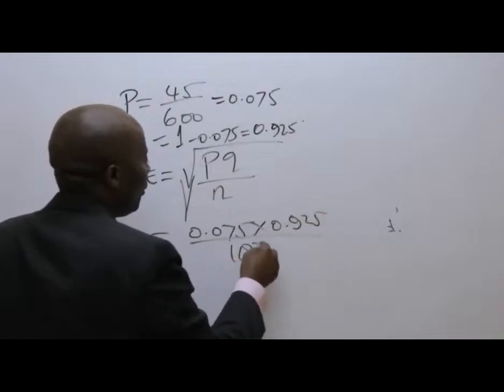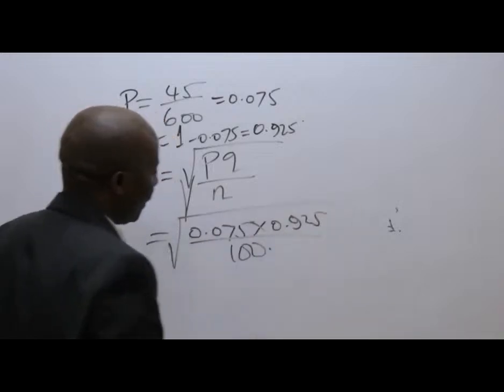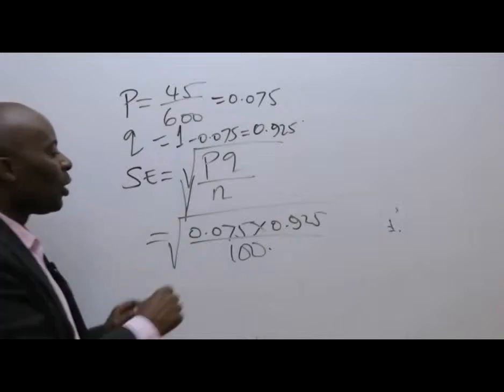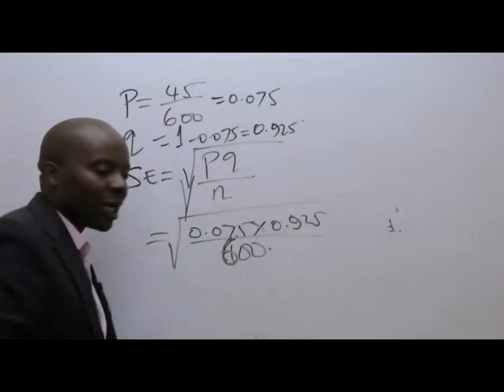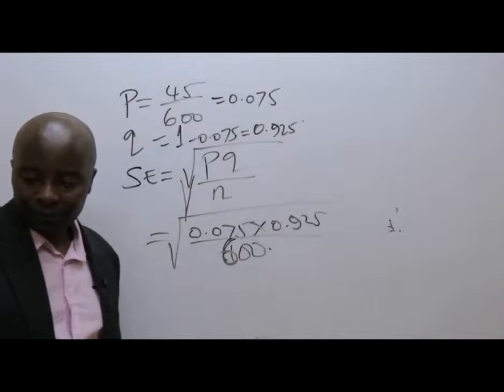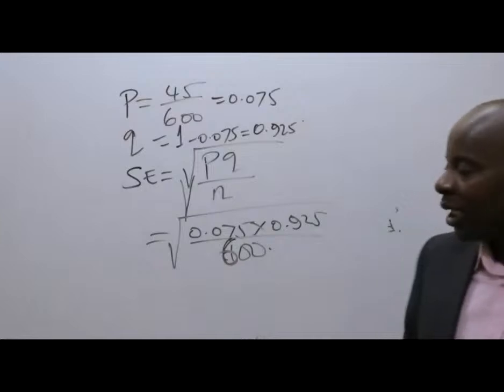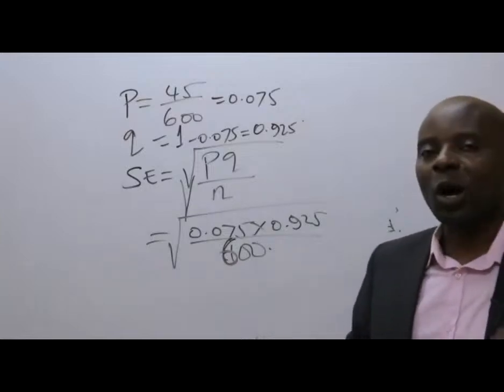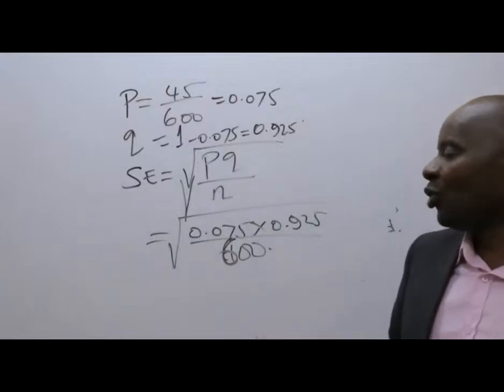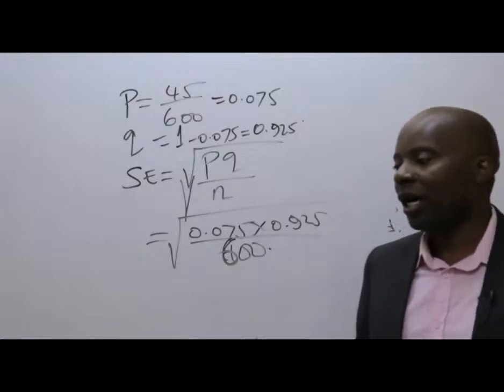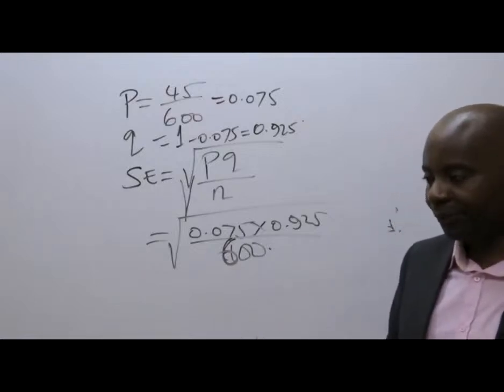Whatever we get, we divide by N. We sampled 600 accounts, so our N is 600. So could you kindly give us this standard error? Our standard error will be equal to what?